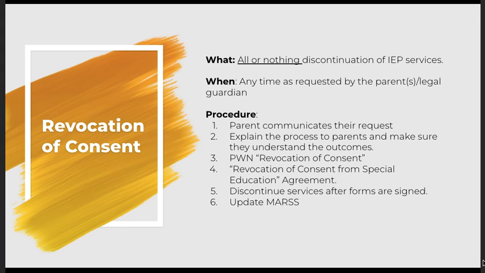But if it's a typical parent just requesting that their child is no longer receiving services within the public school, it says right on that form that after 14 days, this automatically goes into effect. And then you would want to make sure you're updating your MARS information once they exit as well.